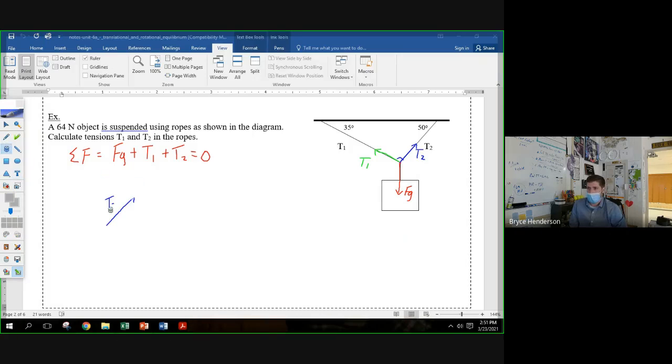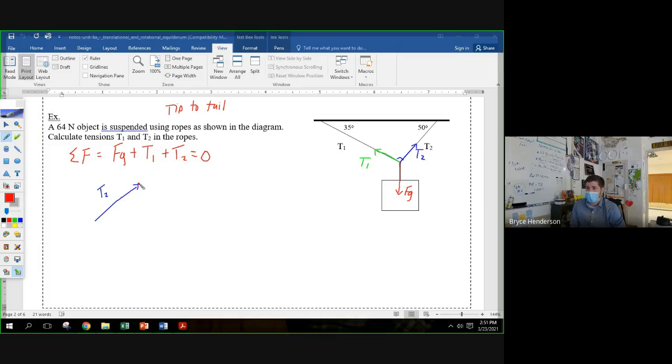So let's draw T2. I'm going to make mine a little bigger because I want more room here. So T2, literally the same size. FG, what was our method for adding vectors? Something about tip to tail, right? Tip to tail. So I go to the tip of the vector and then I draw the next tail.